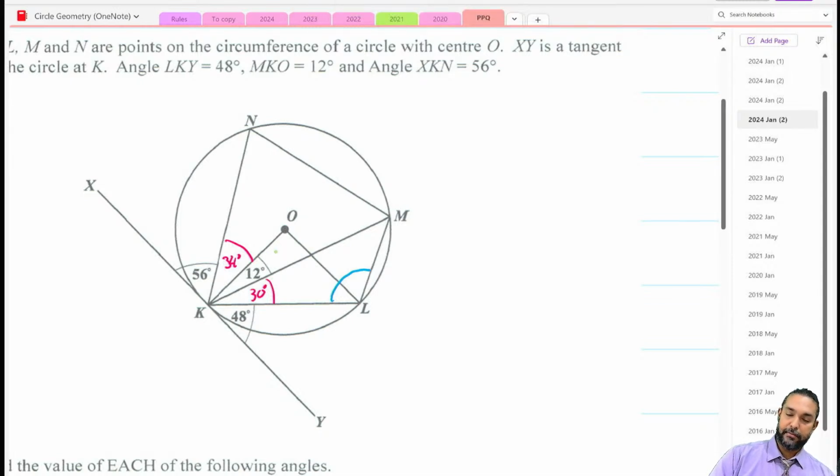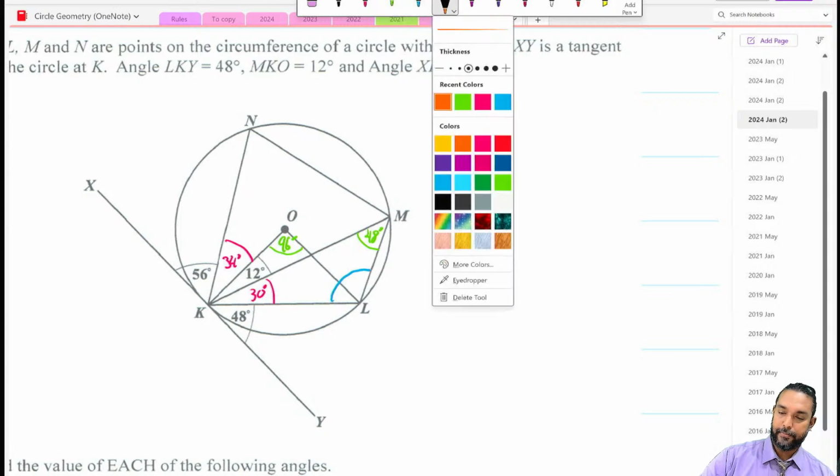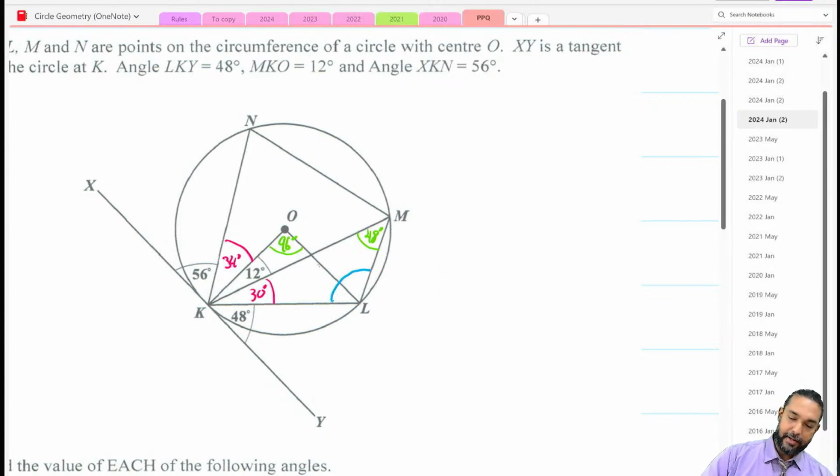Everything all right? Okay. So 42 and 42 is 84. So we found 96 from the first part of the question, and that gave us that this angle here was 48 degrees. And we know from the previous part of the question that this angle here is 42.